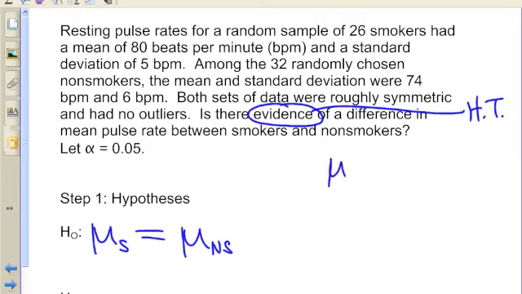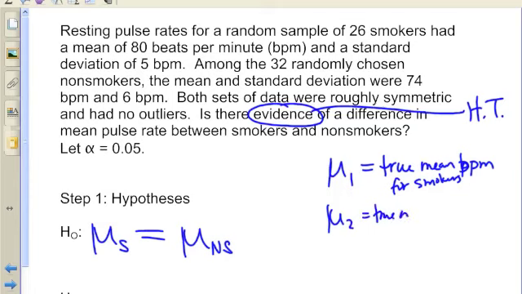If you write mu sub 1, I have no idea what 1 stands for. Then you have to write me a little key. Mu sub 1 means the true mean BPM for smokers. And then you'd have to write mu sub 2 equals the true mean BPM for non-smokers.